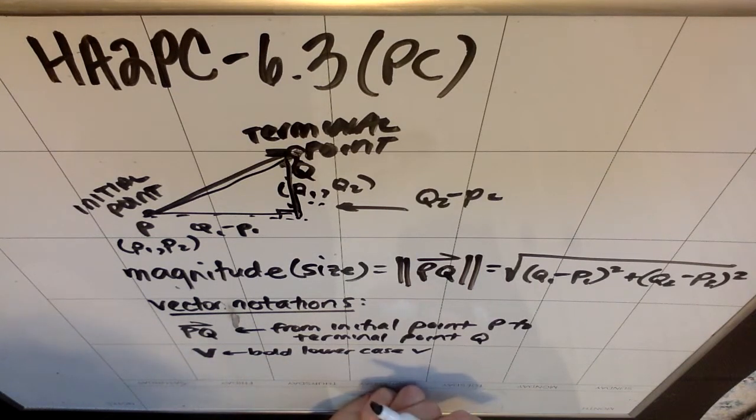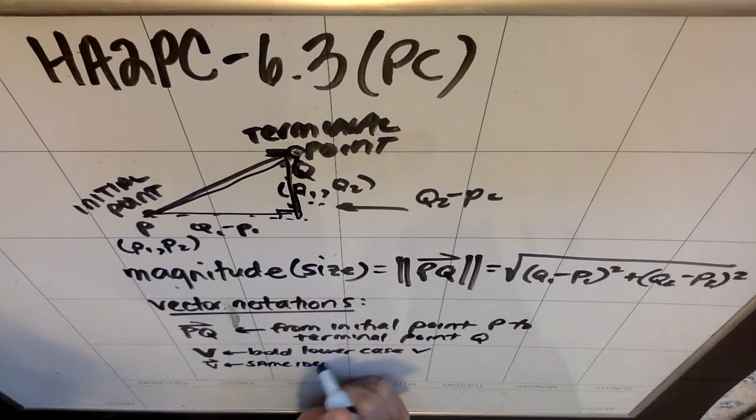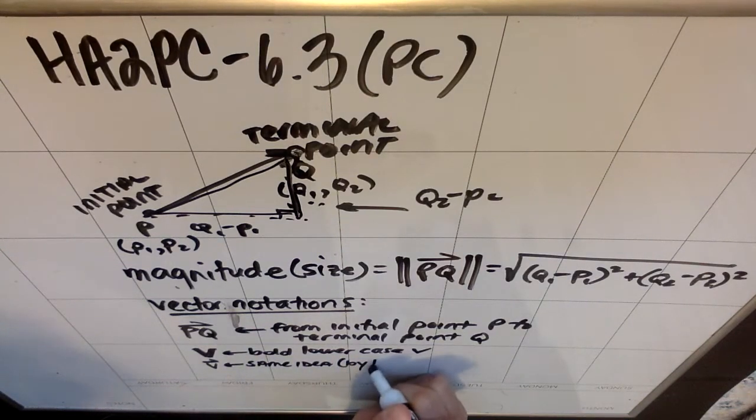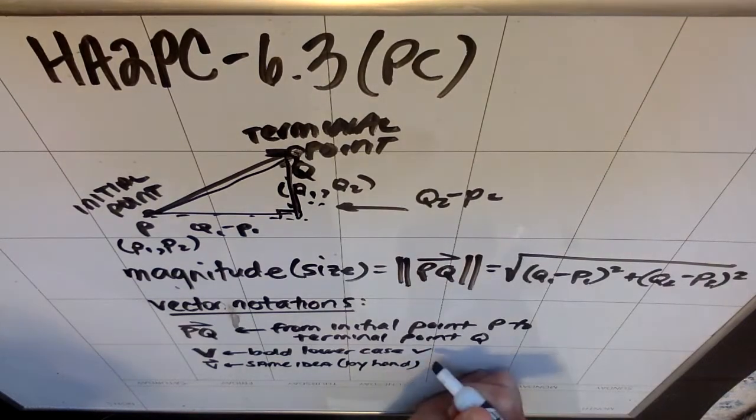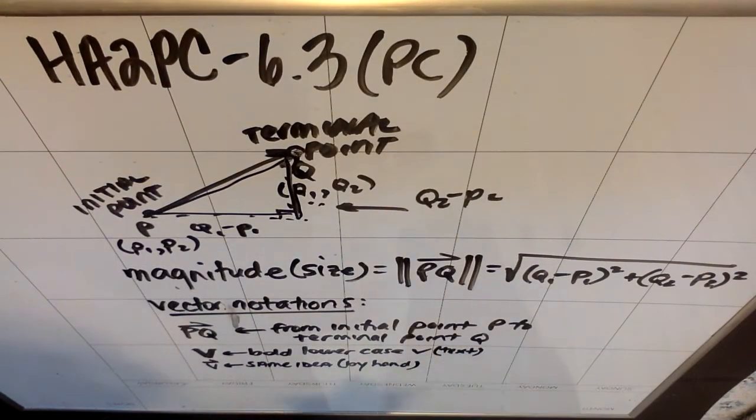It's awkward to sit and bold a letter by writing and writing. So when we write it, we'll probably write it as a v with a little arrow over it. This is the same idea, but by hand. So these are the same notation. But when you see the bolded lowercase v, it's usually in a textbook, and when you see it with a little arrow above it, that's usually something you've written by hand because it's awkward to bold things by hand.